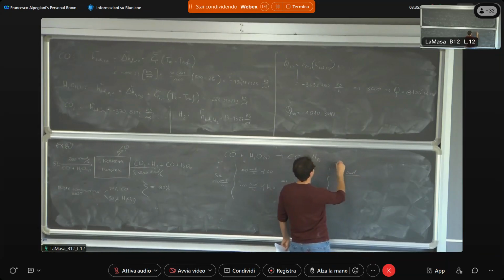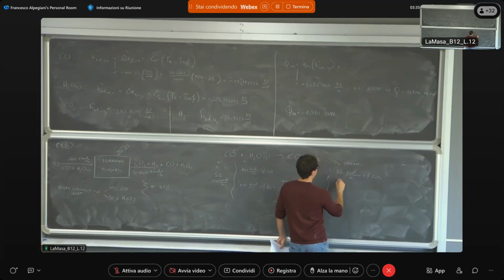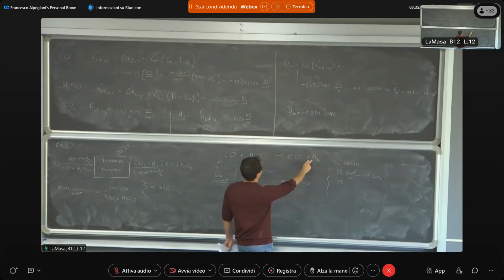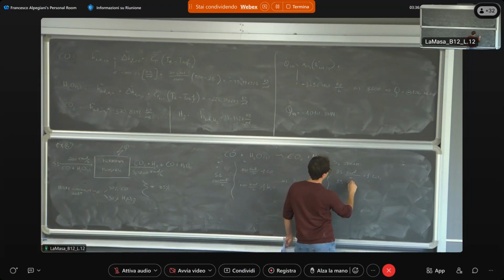So this is the S2 stream: 85 kilomole/hour of CO2, and 85 kilomole/hour of H2, because if the CO reacts, it creates 1 mole of H2.